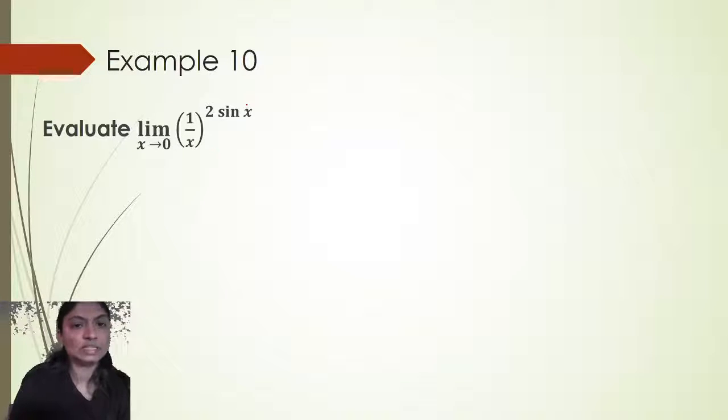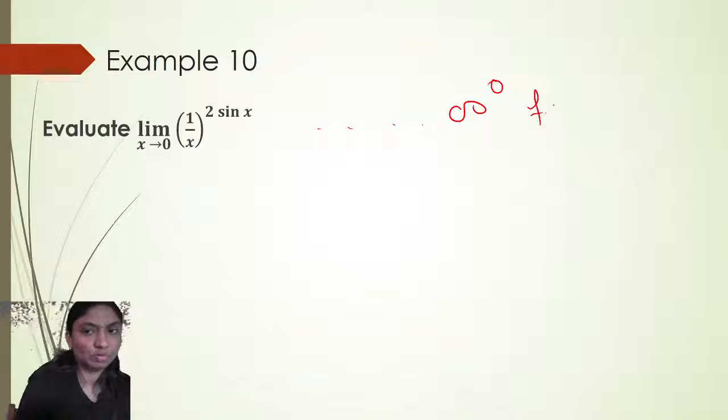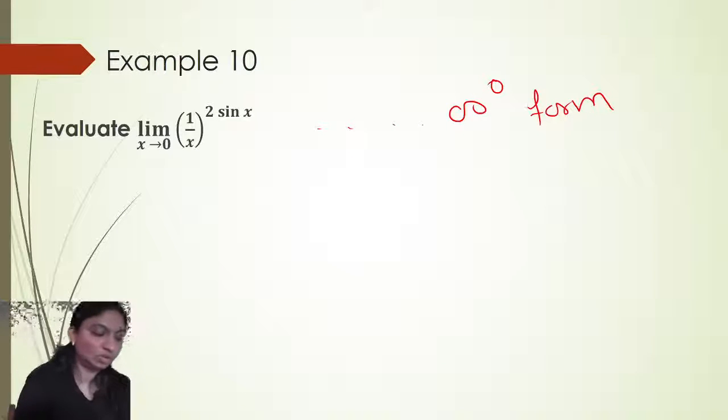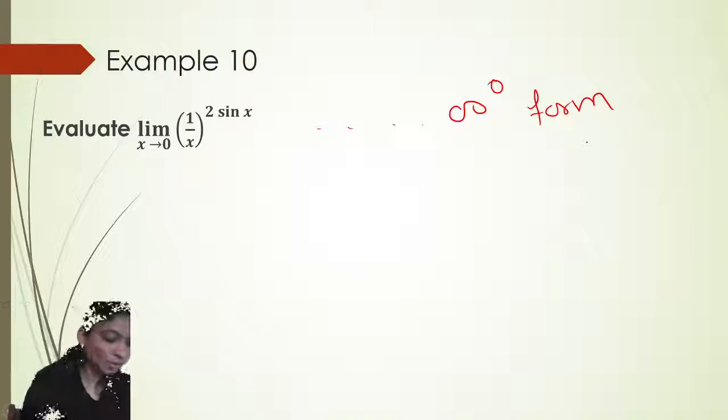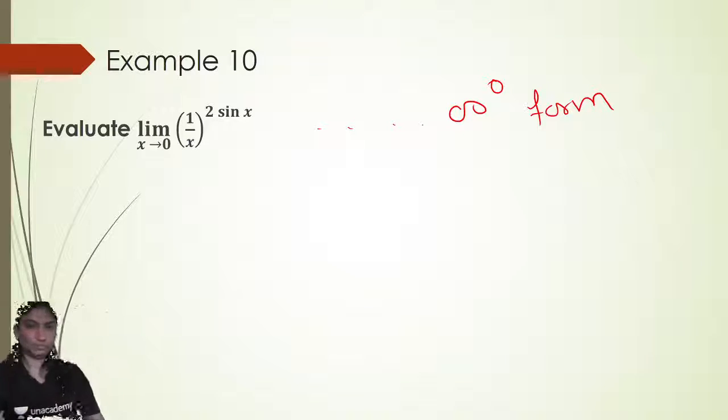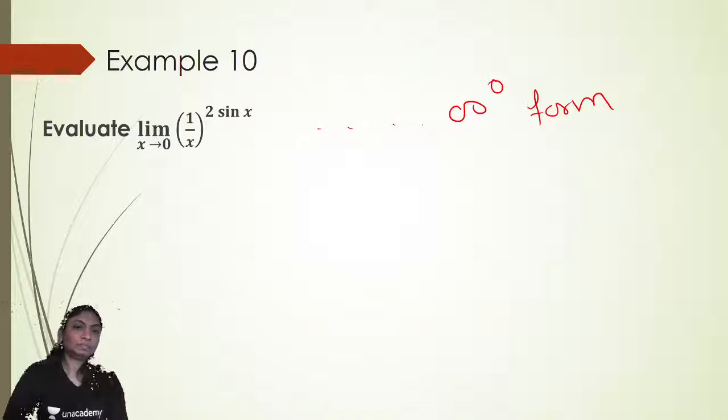So 2 sin 0, sin 0 is 0. So you will get 0. Is it nothing but infinity raised to 0 form? Because 1 upon 0 is infinity.